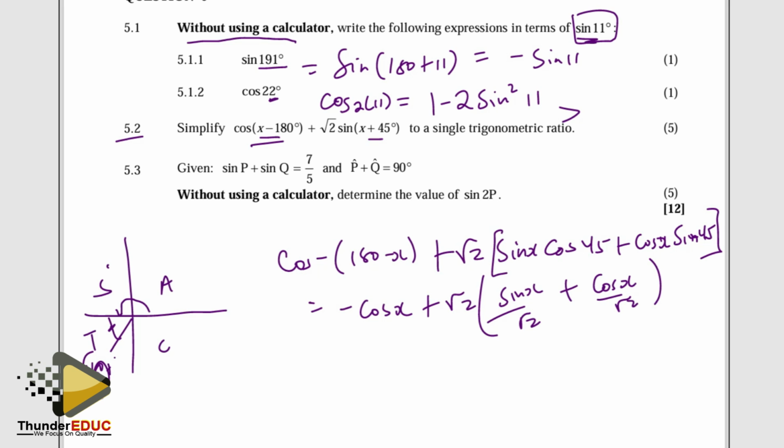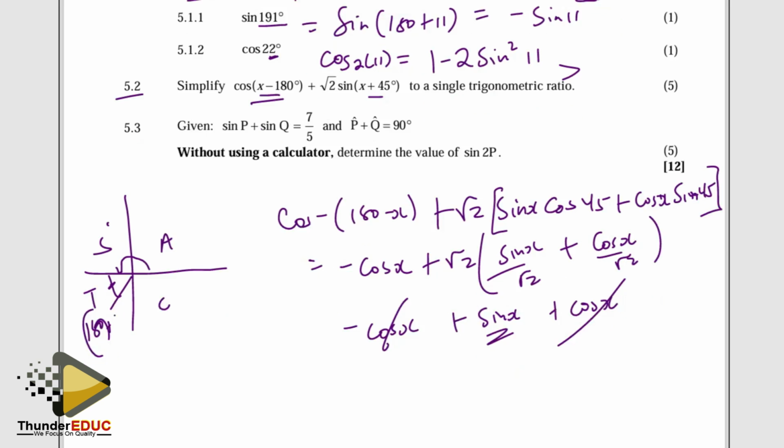Then when I open it up, it's going to be cos x negative plus sine x and then plus a cos x. So this cancels that. That is the single trig ratio that we want. Okay, remember this root 2. Remember the question never said do not use a calculator, so you can use a calculator. You can even use the root 2. You still get the same thing.